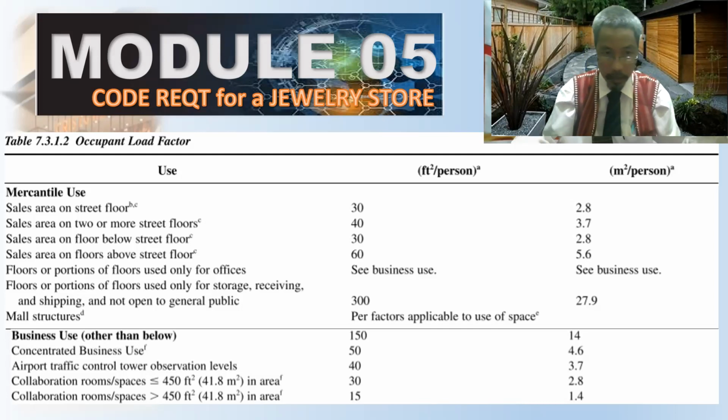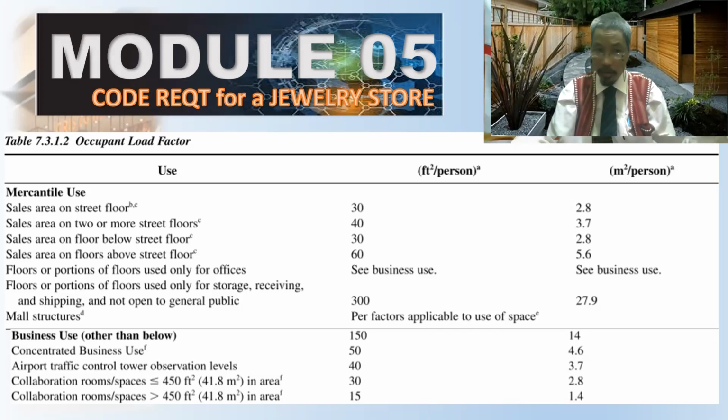The business use other than below. Concentrated business use. Airport traffic control tower, observation levels. Concentrated business use, we don't know, so we can decide whether to use that.